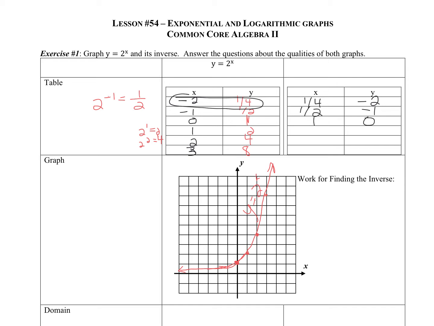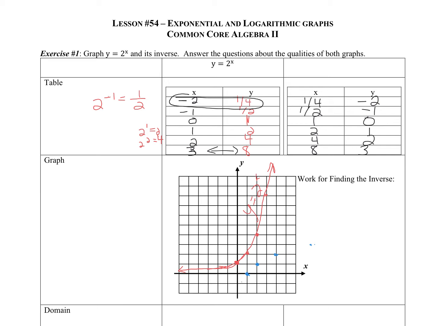So I have 2, 1, and 4, 2. Again, we're just switching these values, so 8, 3. If I graph this one, I'm going to start out with that 1, 0, and then 2, 1, and 4, 2. This is a little bit off, but we'll put this point out here.